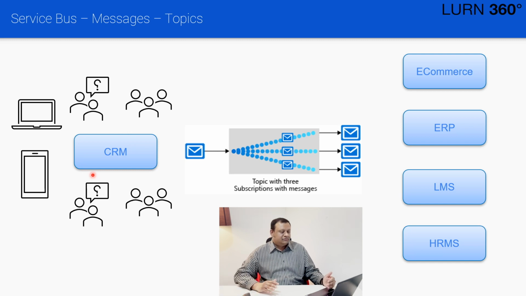So the CRM is now sending the messages to a topic instead of the queue. Because the CRM is sending this data to the topic, we can add multiple subscribers, and more than one system can now get a copy of the exact same message.